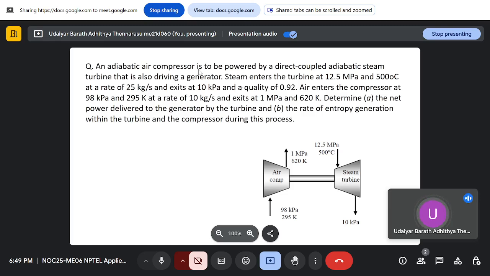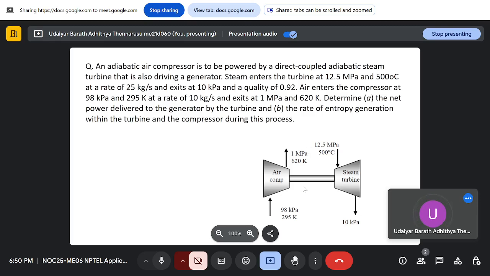Both are adiabatic, so there is no heat interaction, and this turbine is coupled with the compressor and the generator. Whatever power is generated by the turbine, part of it is utilized in running the compressor, and the remaining is sent to the generator, and you get it as work or electricity.